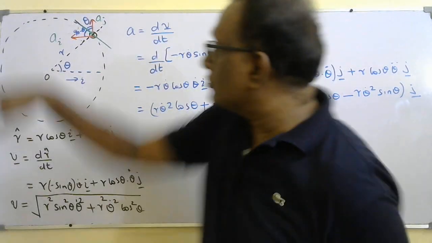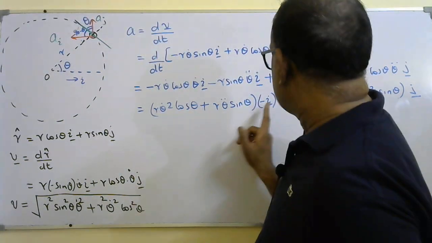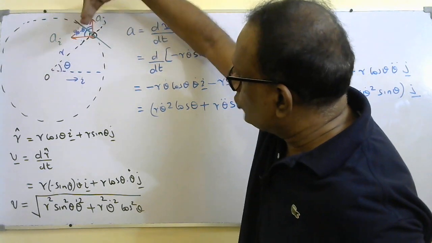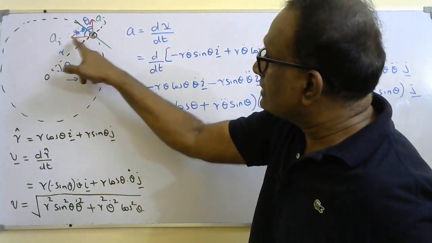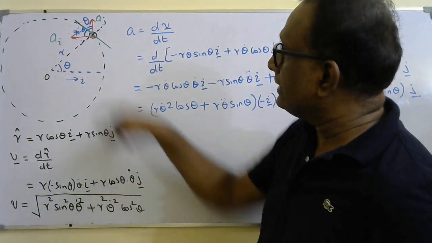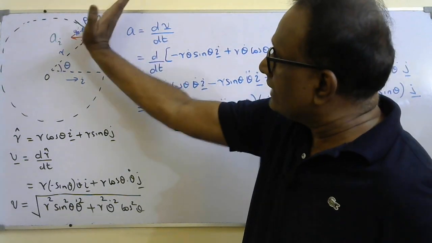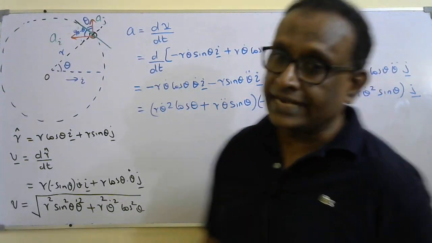You can see that if I resolve a_i, which is towards the left because of minus i, a_i sine of 90 minus theta is going to be a_i cos theta. When I resolve a_j, it is in this direction, minus a_j sine theta.